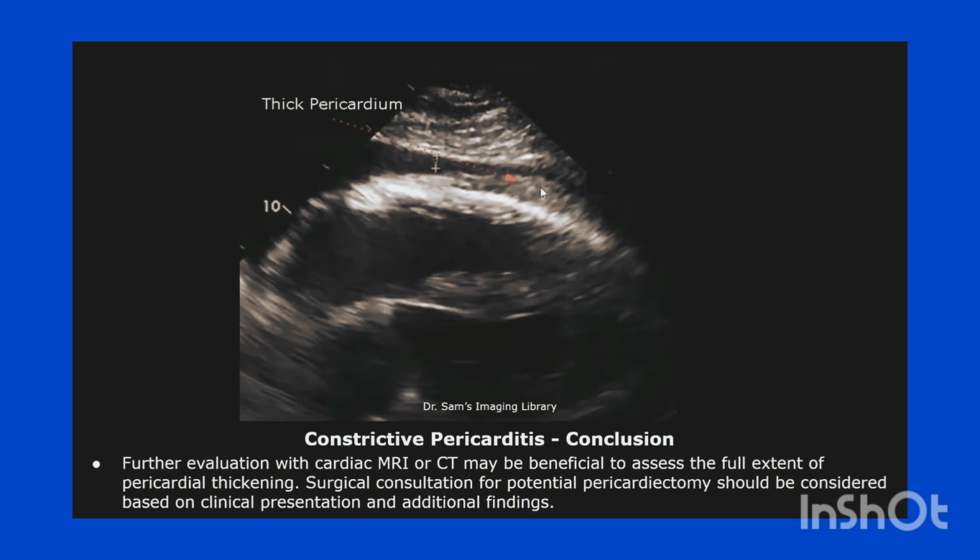Further evaluation with cardiac MRI or CT may be beneficial to assess the full extent of pericardial thickening. Surgical consultation for potential pericardiectomy should be considered based on clinical presentation and additional findings.